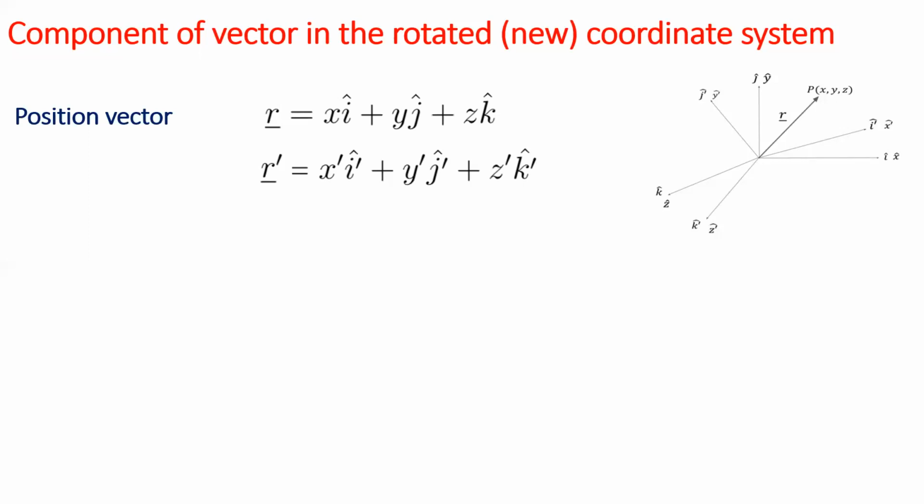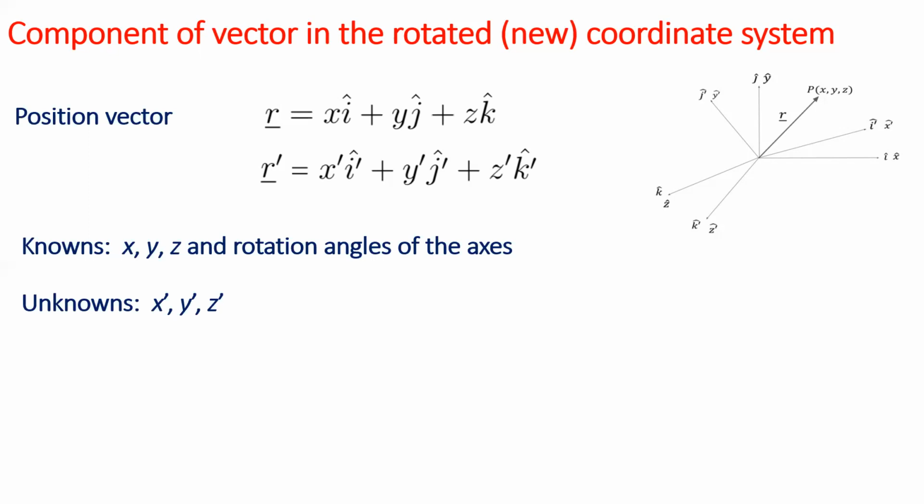R is the same as R prime because it is representing the same vector, just that we are trying to view it in different coordinate systems. We have used the notation prime for R as well. Our objective is to identify the components of the same vector in the new coordinate system. So the knowns are x, y, z, and the rotation angles of each of the axes. And the unknowns are x prime, y prime, and z prime.